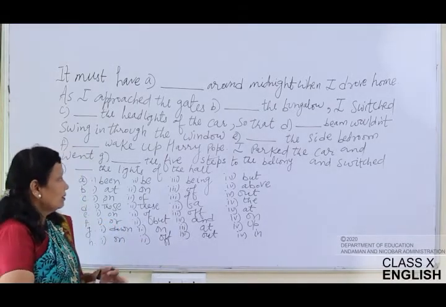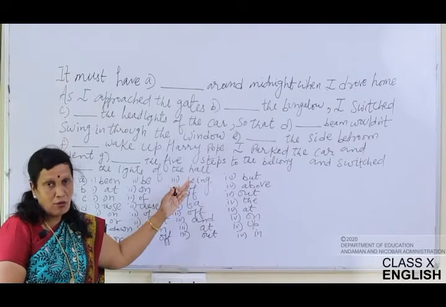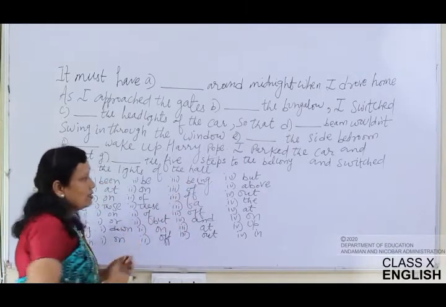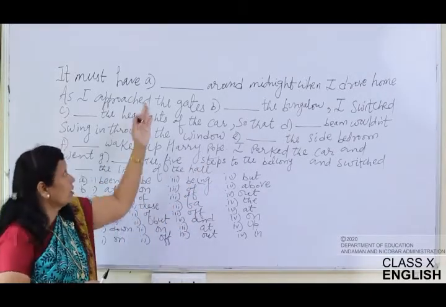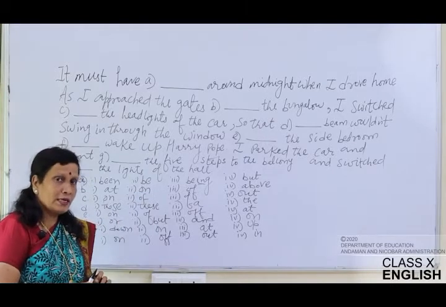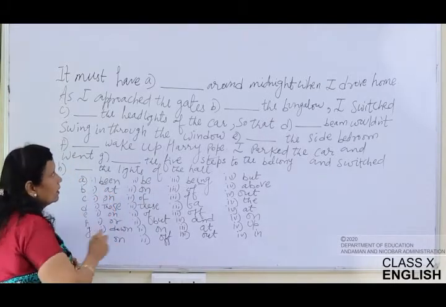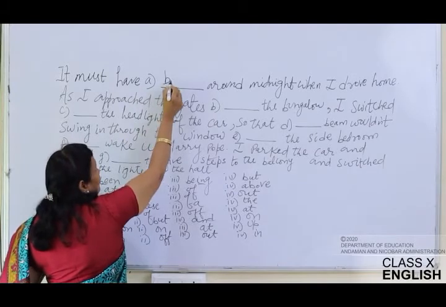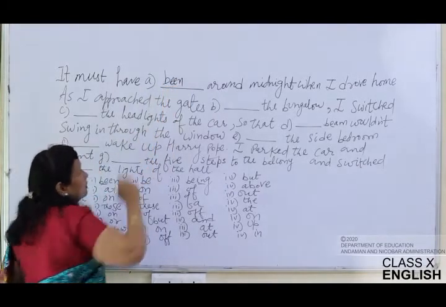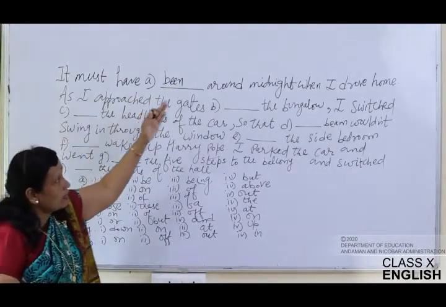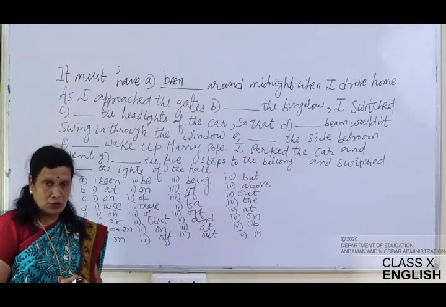It is a continuous form as it has got the ing, and but also we can't use here. So, what would be the correct option? B. It must have been around midnight when I drove home.